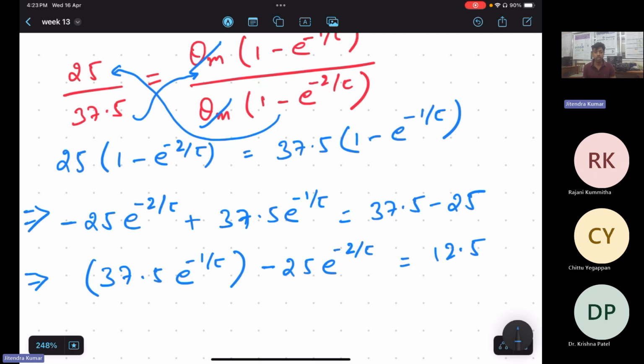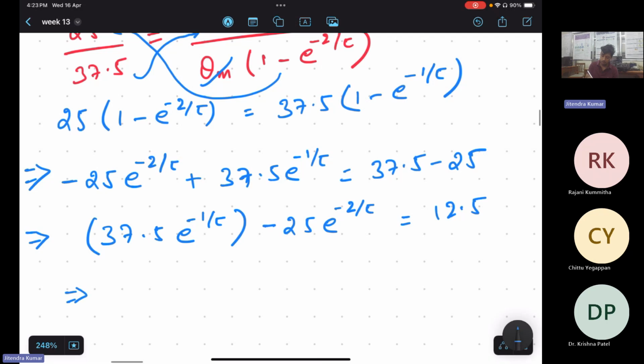We have e raised to power something in the equation, so which function do we have to apply here? Logarithmic function, right? So we apply ln on both sides. In your calculator this ln function is also there. The logarithm of a product is the sum of logarithms.